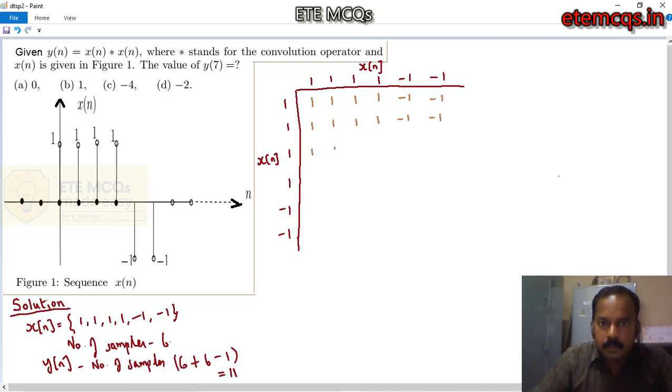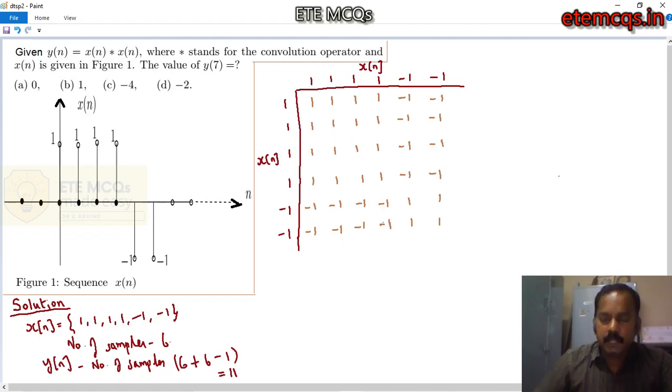Again 1, 1, 1, 1, -1 and -1. And again 1, 1, 1, 1, -1 and -1. So -1 into 1 is -1, -1, -1, -1, 1 and 1. Likewise here it is -1, -1, -1, -1, 1 and 1. So this is all we have.